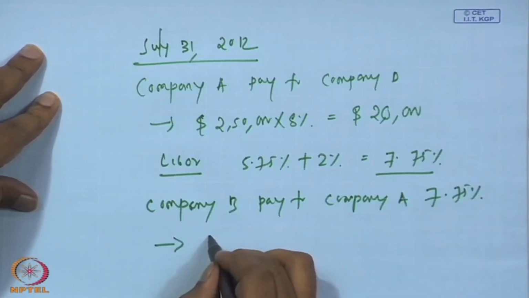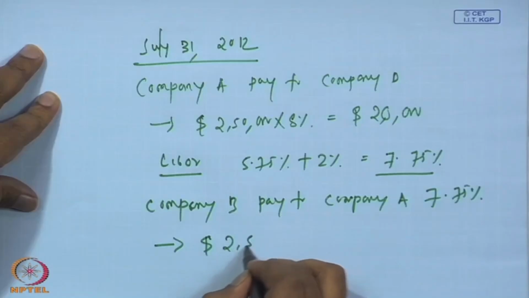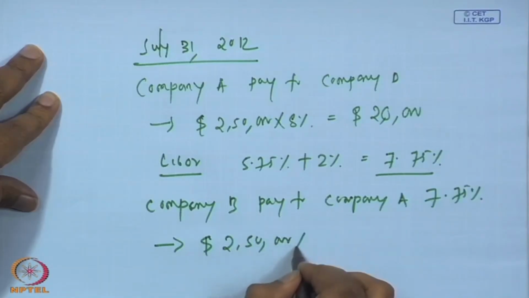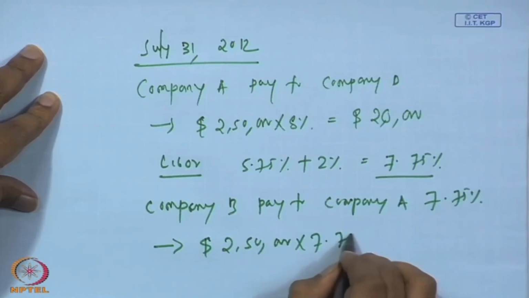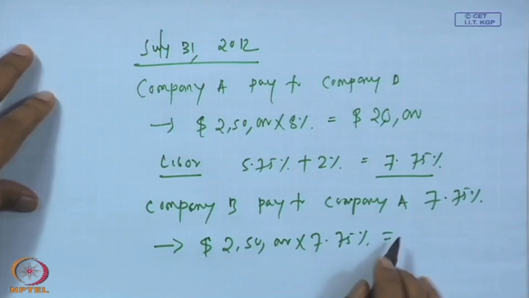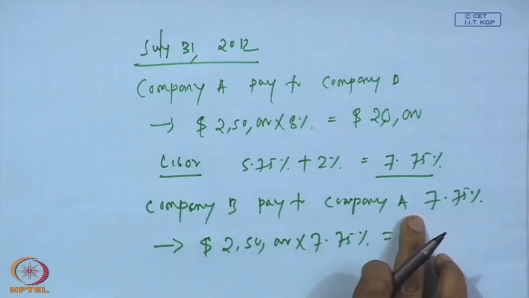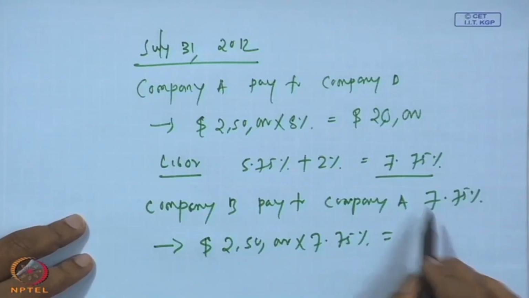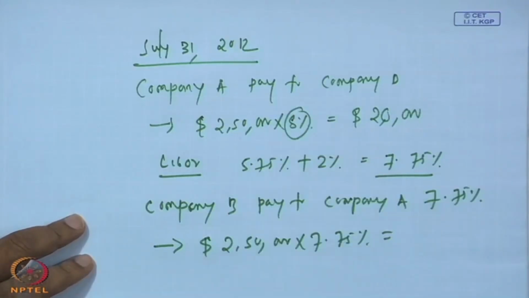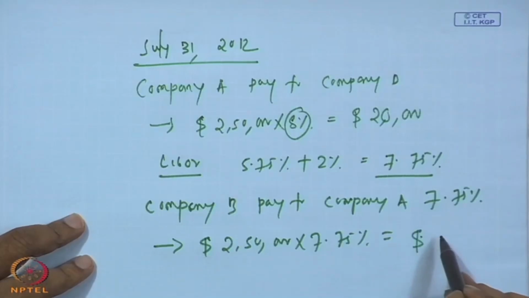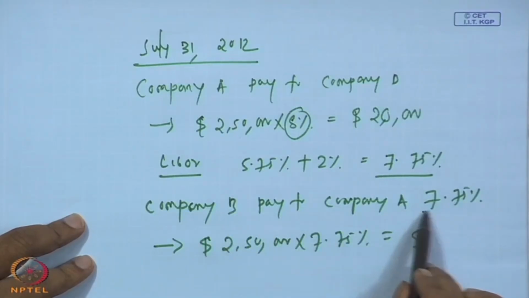The transaction will be $2,50,000 or 7.75%, that is the amount company B pays to company A. This amount is definitely less, because it is less than 8%. So, company B will pay a lesser amount, only 7.75%.